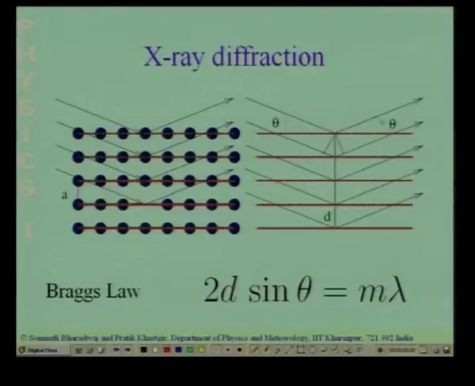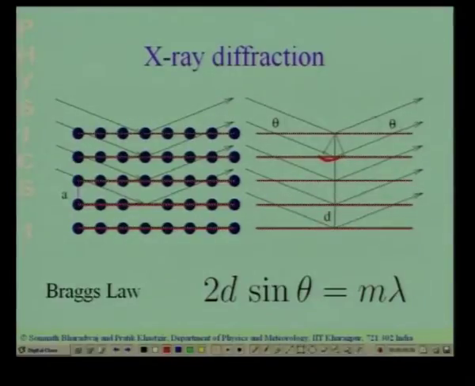So, it is going to be reflected out at the same angle theta, and the wave that is reflected from the first plane is going to be at a phase difference with respect to the wave reflected from the second plane, which again is going to be at a phase difference with respect to the radiation reflected from the third plane, and the phase difference corresponds to this path difference, because this has to travel a larger distance. So, there is an extra path, and this is the extra path.